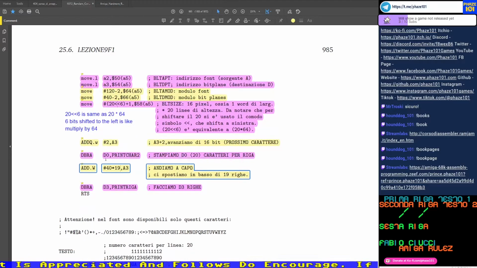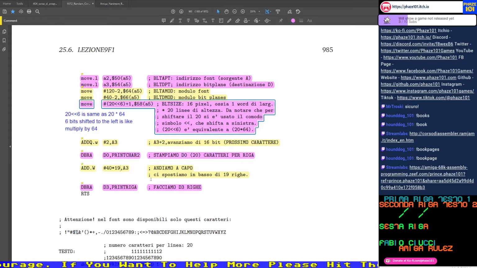And we start again. We do the horizontal position, we increment, and do the next line. It continues this for 10 times. So we do first the X, then increment Y, then the X again, increment Y, and it continues like this.